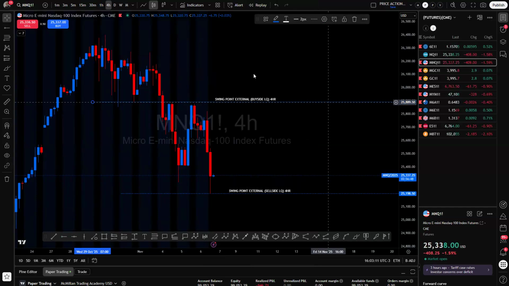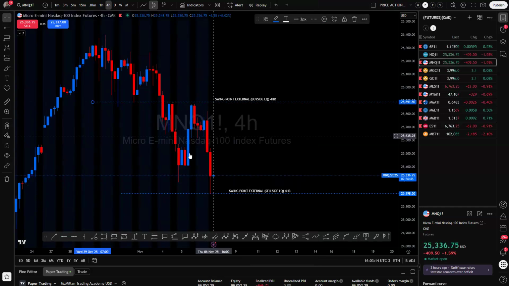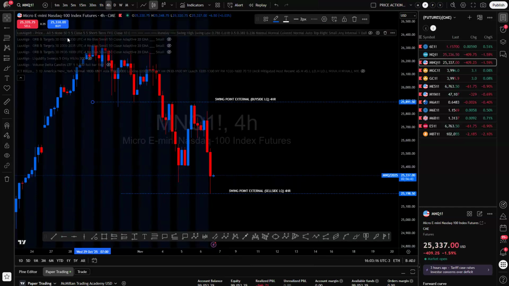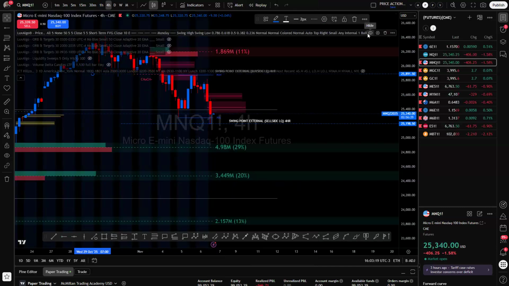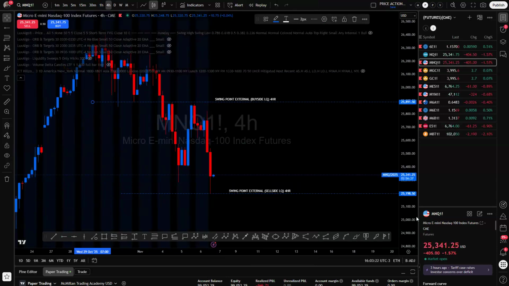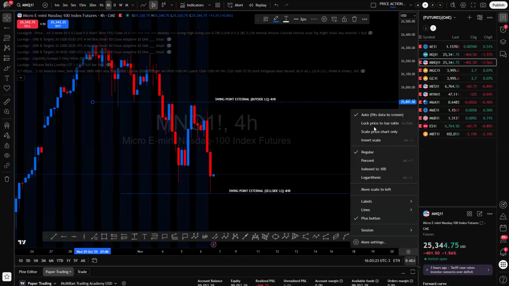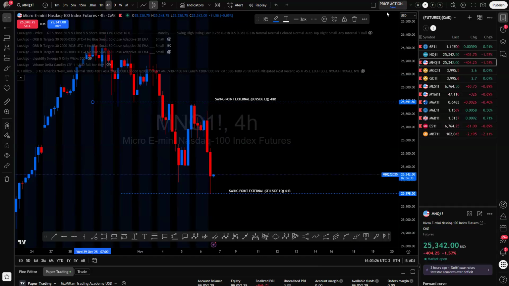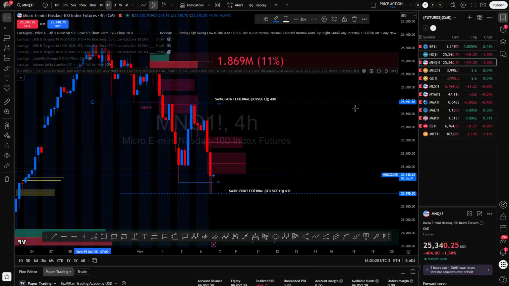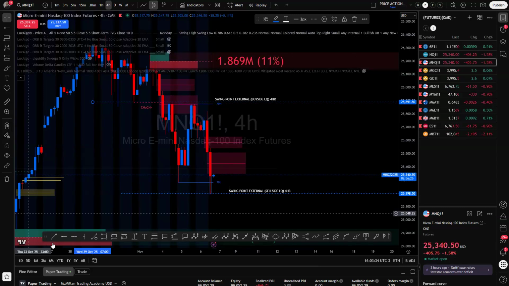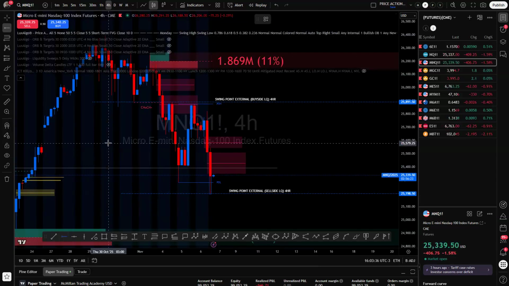Now we're going to mark up our most recent point of interest, which is our 4-hour fair value gap. So I'm going to mark up this fair value gap here. This makes more sense.